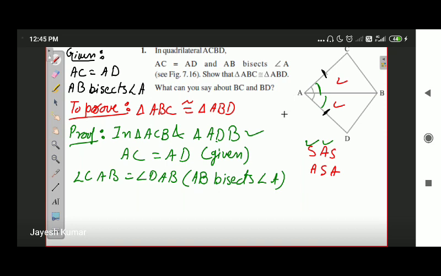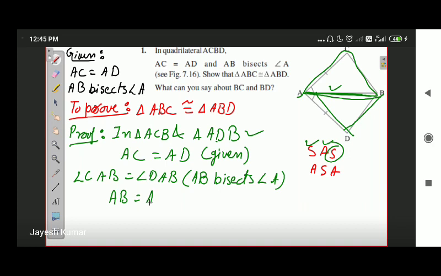There are also no parallel lines and no vertically opposite angles, so there is no mention of another angle in this solution. So we must focus on finding another side or angle. So let's see, in triangle ABD and triangle ABC, as you can see, AB is a common side. The length of side AB for triangle ABC and the length of side AB for triangle ABD are both equal. AB is equal to AB because it is a common side.